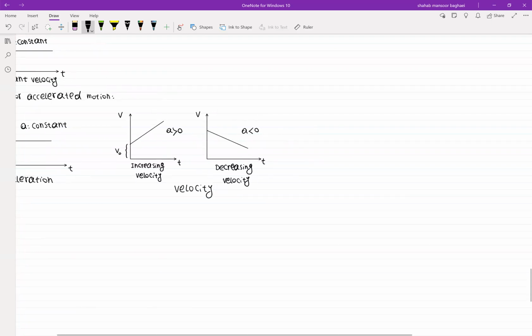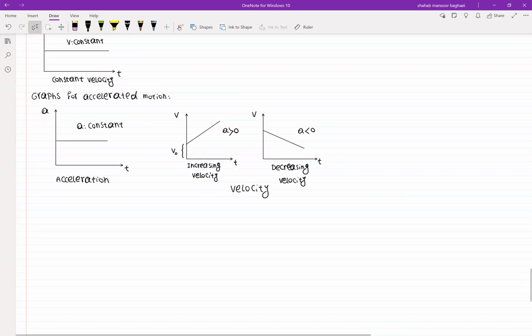And the next one is displacement. Okay, pay attention, please. That's something new.